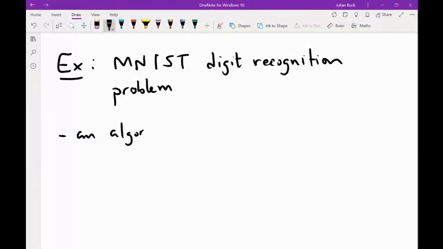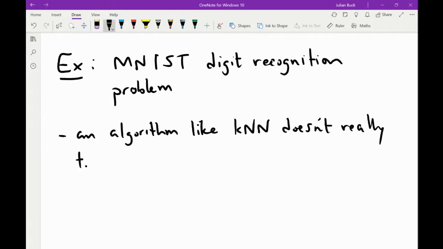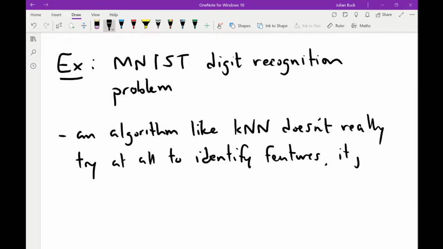An algorithm like KNN doesn't really try at all to identify features. It just looks for pattern similarity.